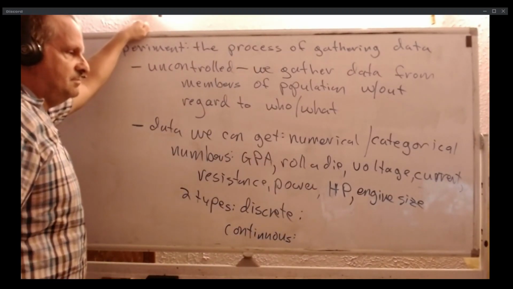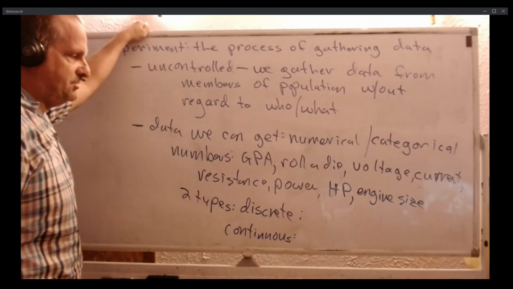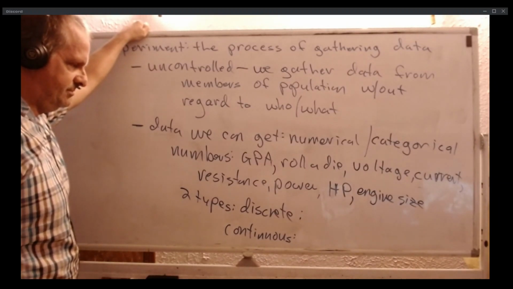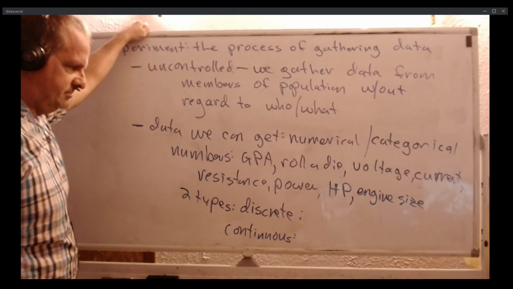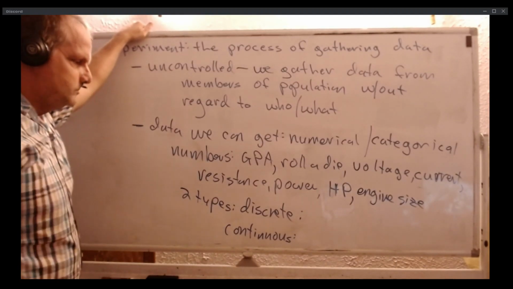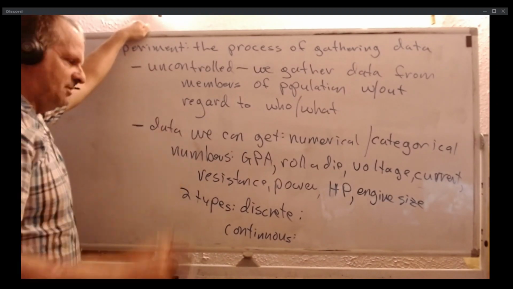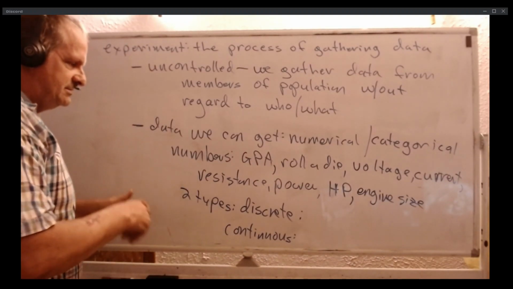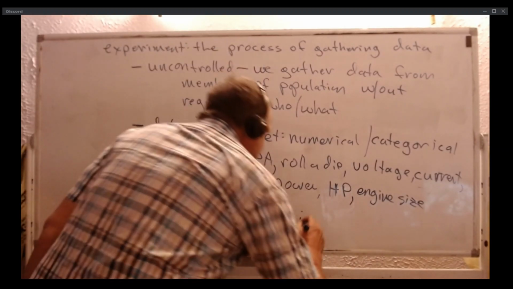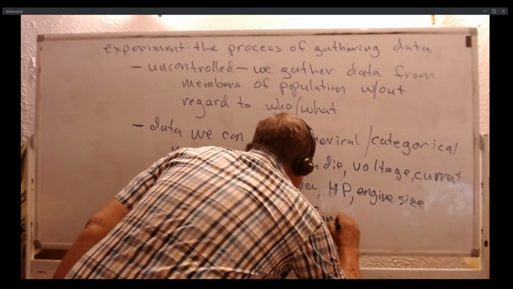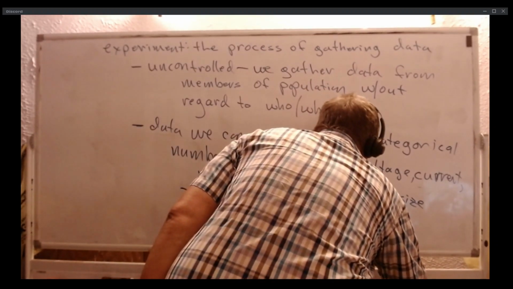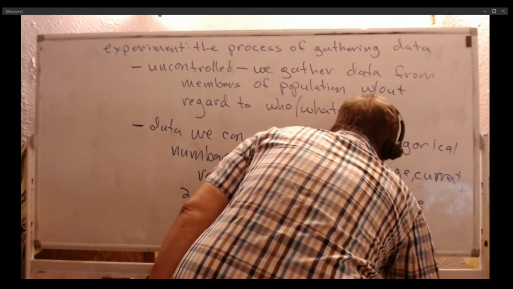If we get data that is considered discrete, what does that mean? Okay. Yeah. There's a finite number of possible values.